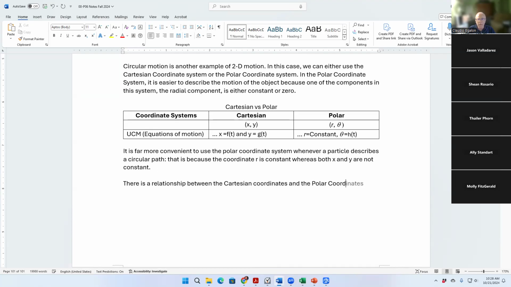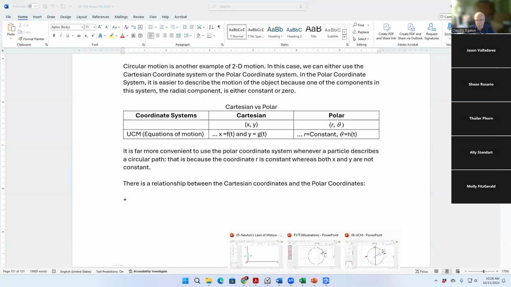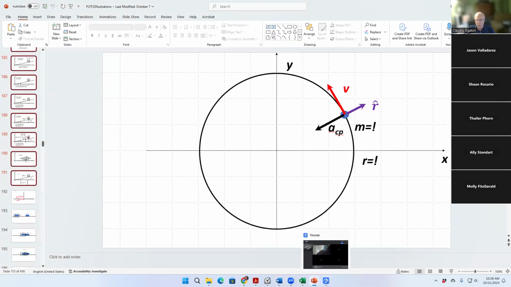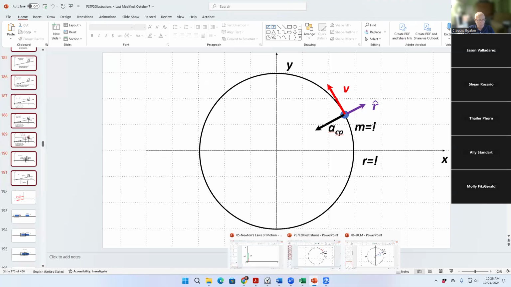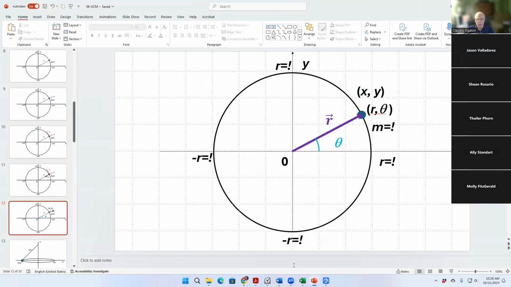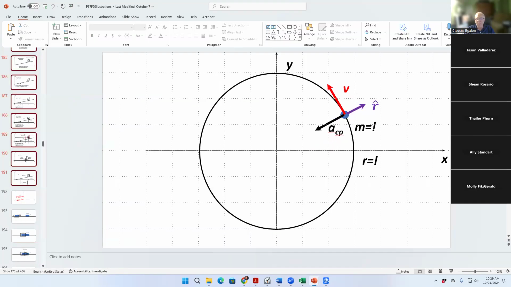And it's not that difficult to visualize, okay? All you have to do is to go back to the drawing and note that the x position here along the x-axis is given by nothing but r cosine of theta, okay? Simple enough, right? So here you go.